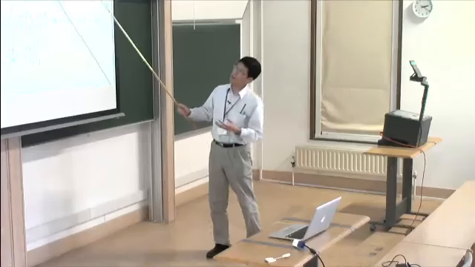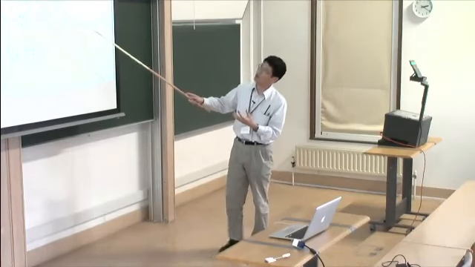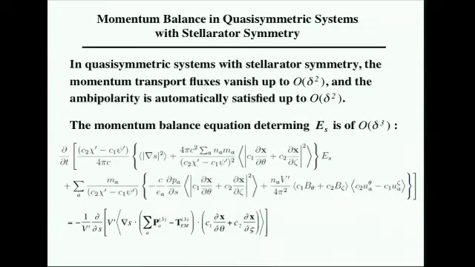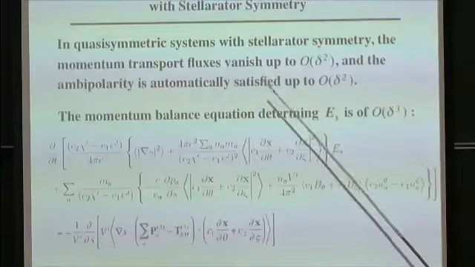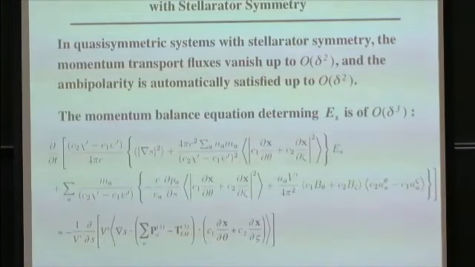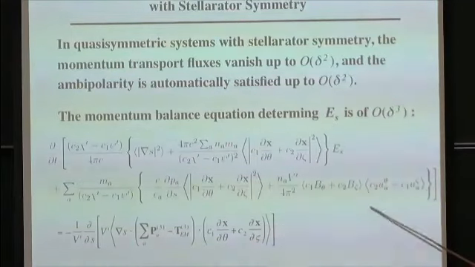So the non-trivial momentum balance equation only appears from the 3rd order in delta. Okay, and using the relation of toroidal flow and radial electric field, the 3rd order toroidal momentum balance equation for a quasi-symmetric system with stellarator symmetry is given like this.